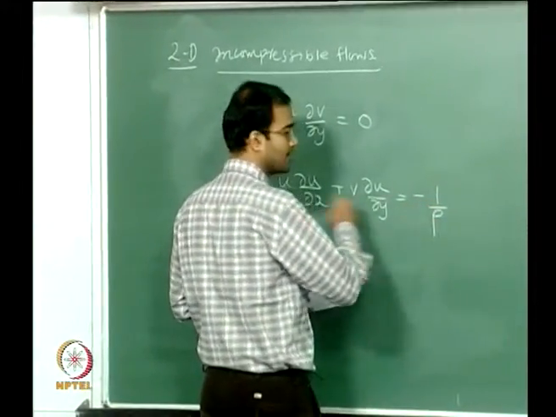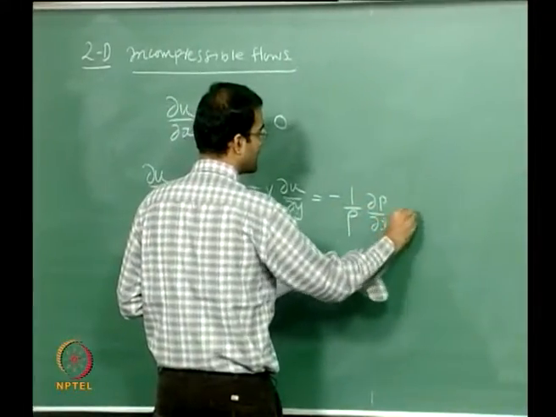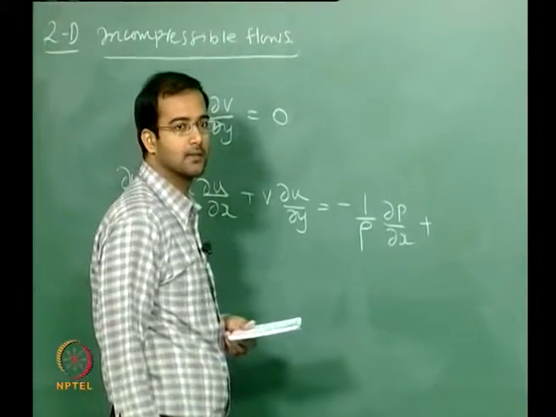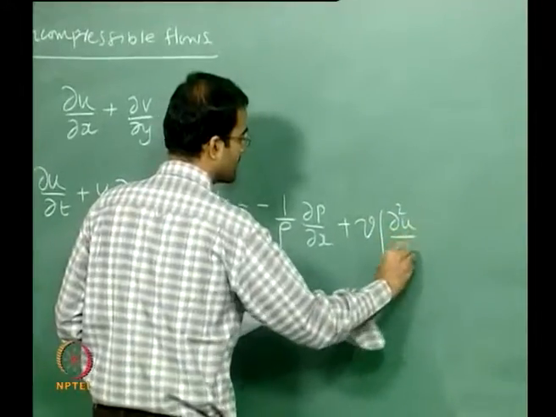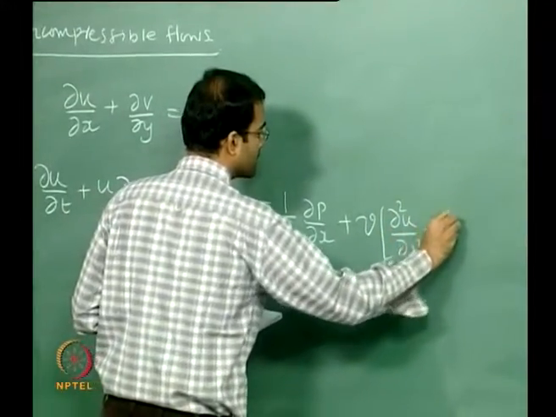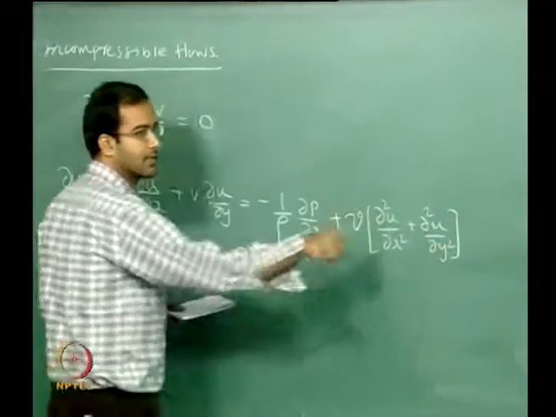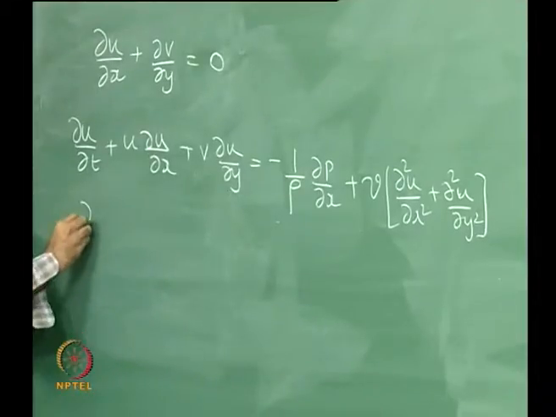What about density? Density has to be divided, right? Plus the viscous term, dynamic or kinematic? Kinematic viscosity times the Laplacian operator, right? And similarly your y momentum, which will be dv/dt.